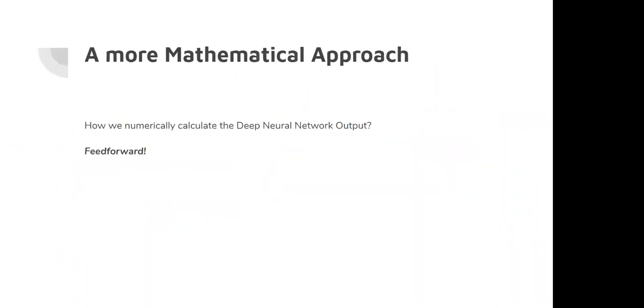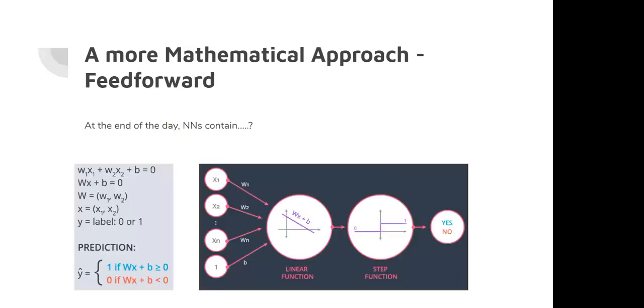The way to calculate that is feed forward. So let's first try and ponder what our neural networks actually contain at the end of the day. You have a set of weights.